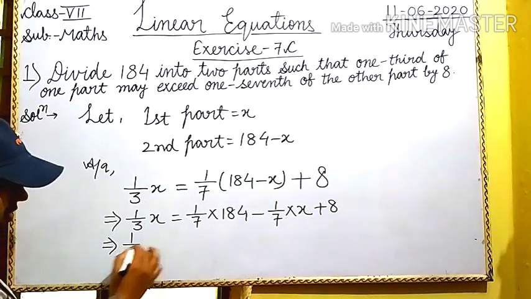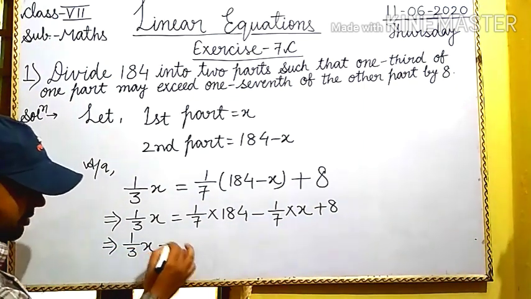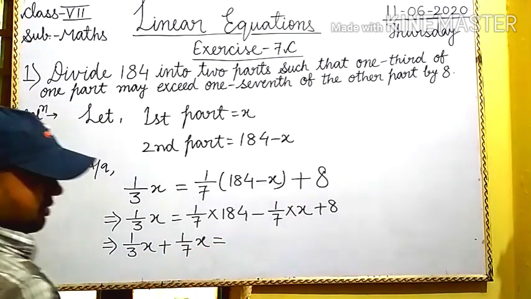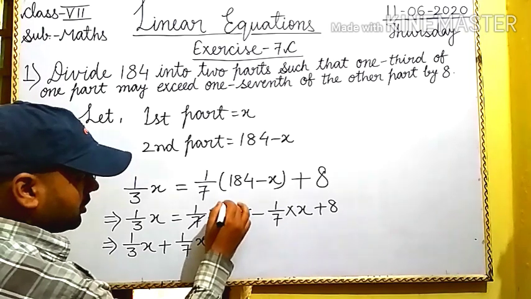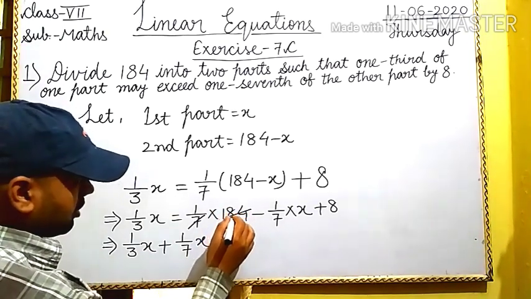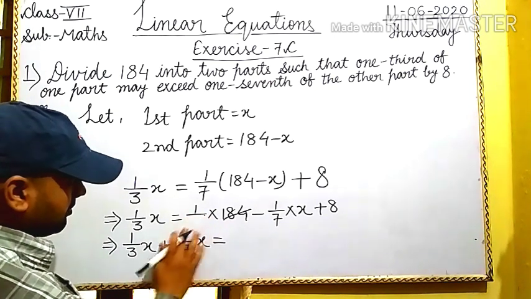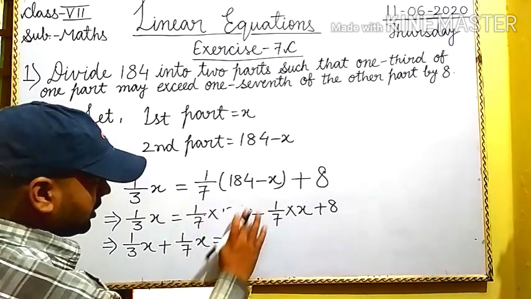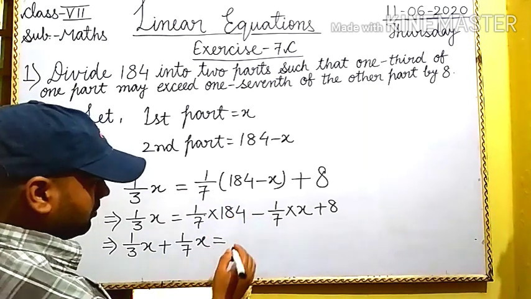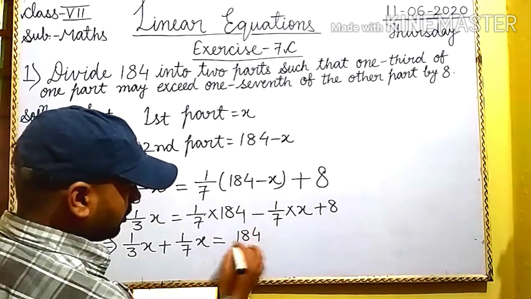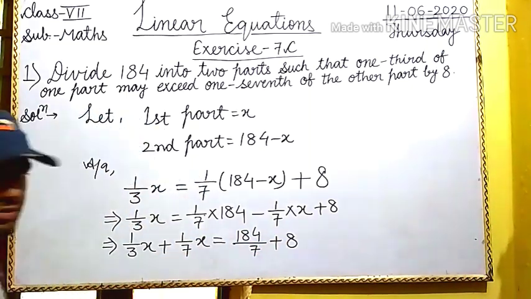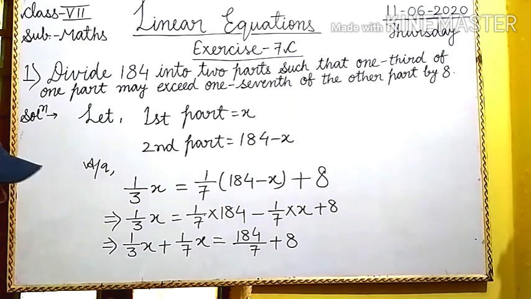By transposition, 1/3 x plus 1/7 x. 7 2s are 14, not divisible. The right side is the same, 184 upon 7, so here write 184 upon 7 plus 8. Is it clear?